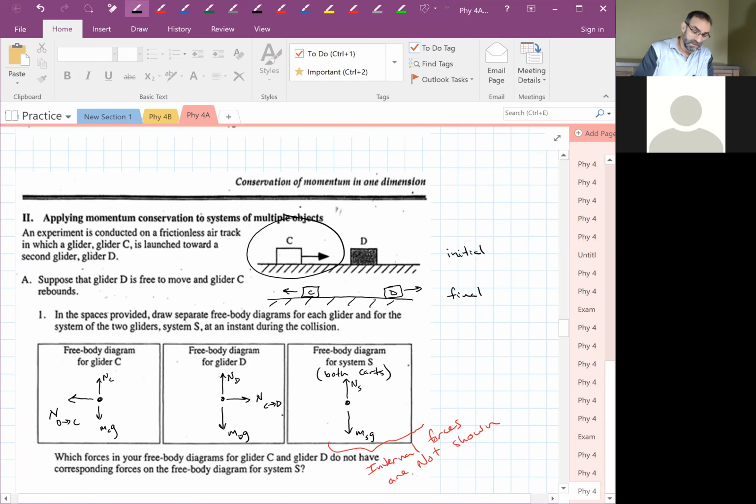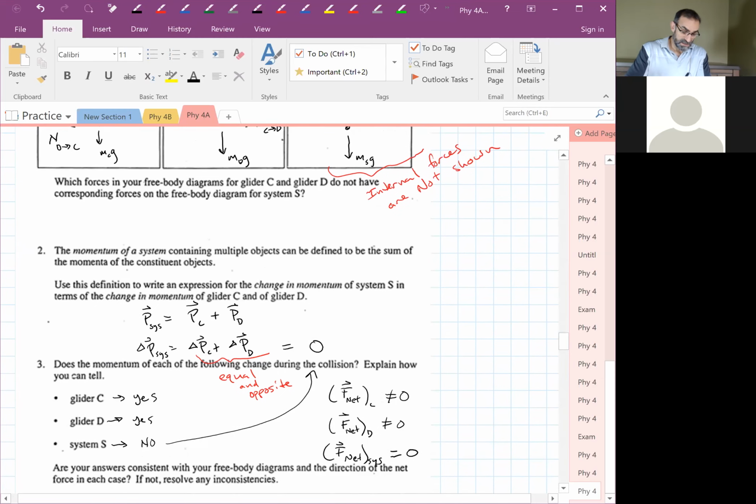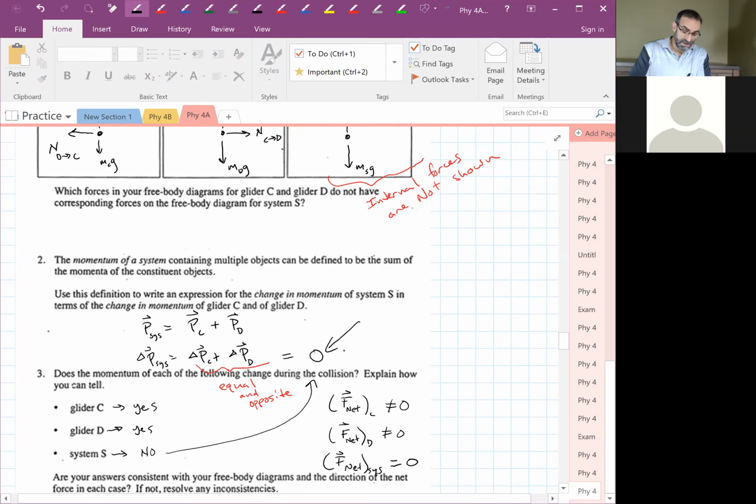Because this has momentum, the system's momentum initial is not zero. But what we found here is that the change in momentum of the system had to be zero. So that means the momentum is the same at the end. Whatever it had at the beginning, it has at the end.